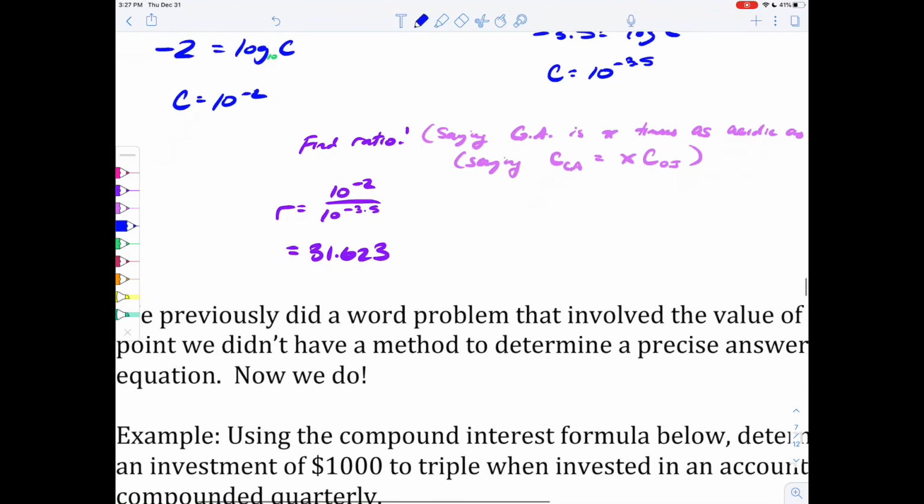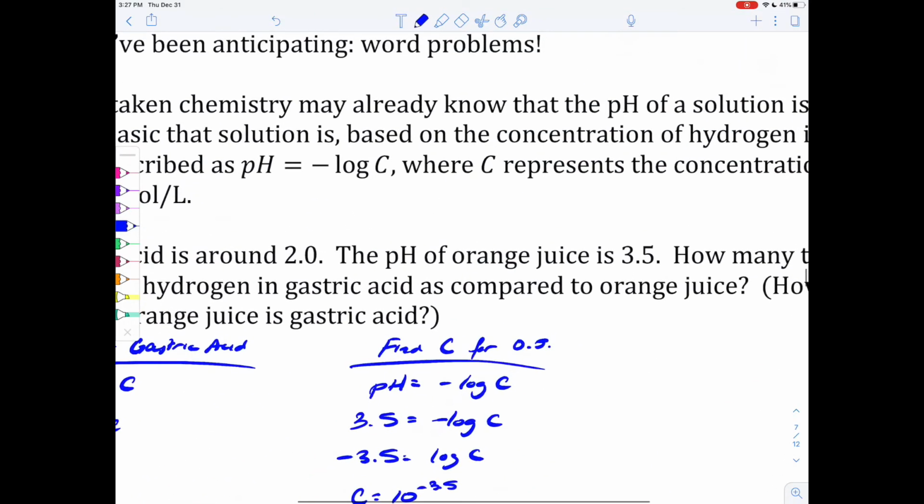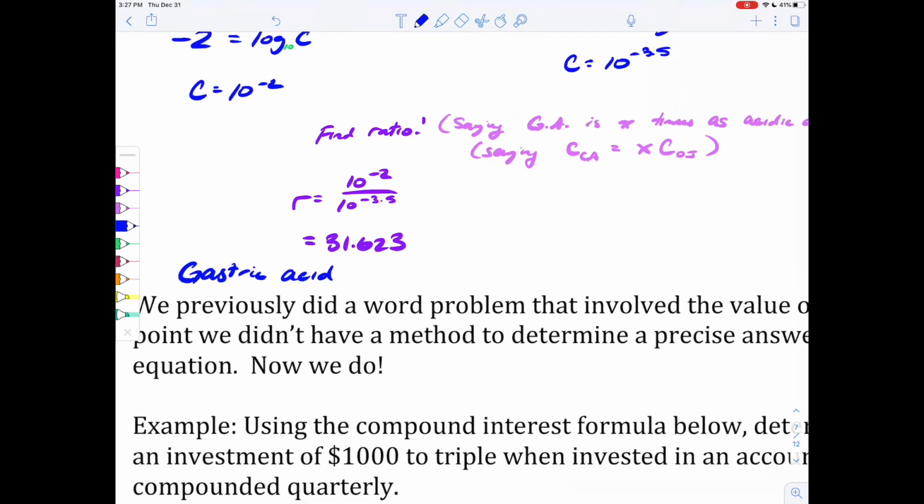So we can say gastric acid isn't just like 1.5 more, or however you want to interpret that. What it actually is is 31.623 times as acidic as orange juice.